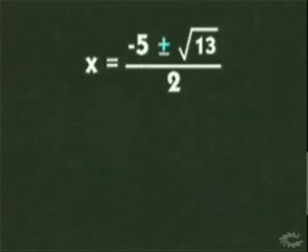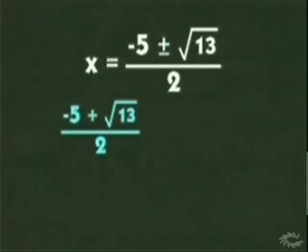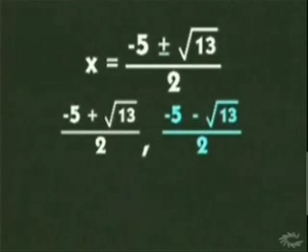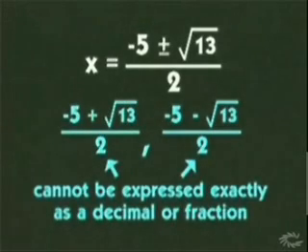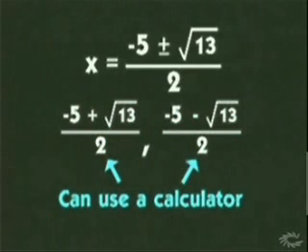Using the plus part of the plus or minus sign, it is negative 5 plus radical 13 over 2. And using the minus part, we get negative 5 minus radical 13 over 2. Radical, dude! These cannot be expressed exactly as a decimal or fractional form. If you want to, you can compute accurate decimal approximations with a calculator.